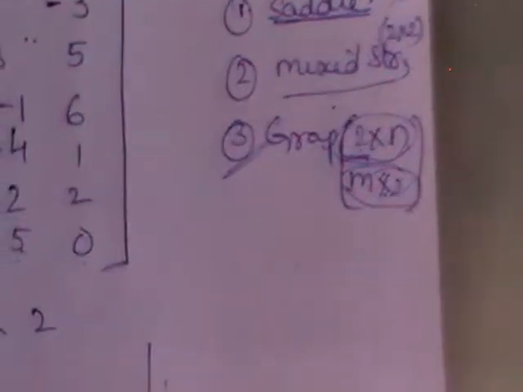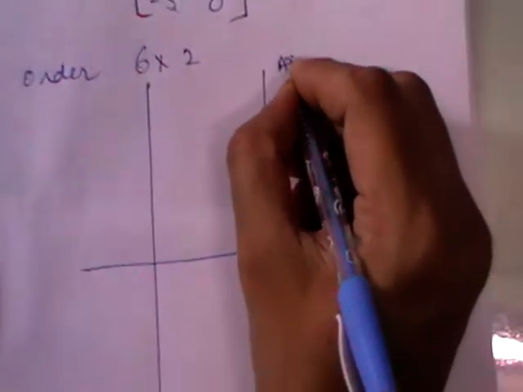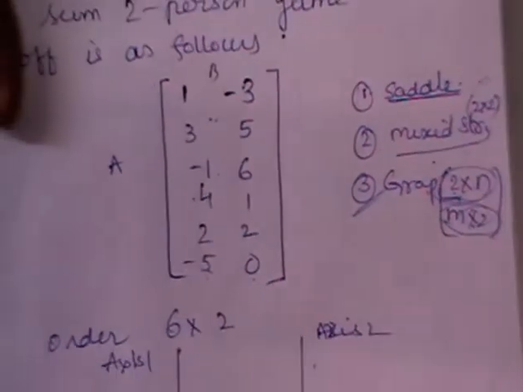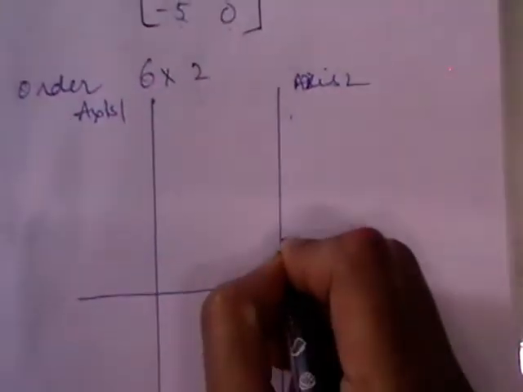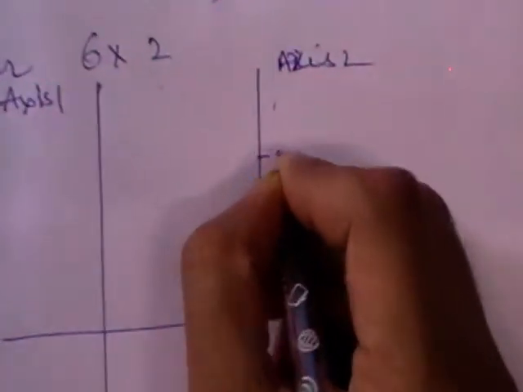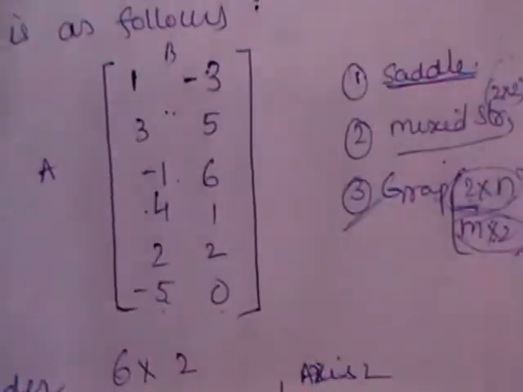Let us consider this as the origin. This is axis 2 and axis 1. We have some negatives also. Let us mark here 1, 2, 3, 4, 5 up to 6.